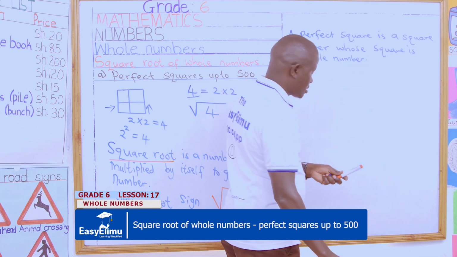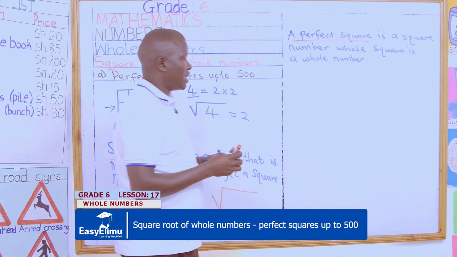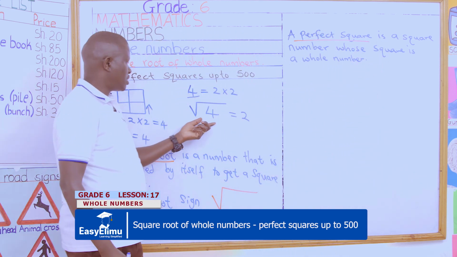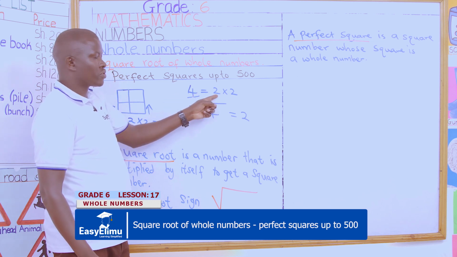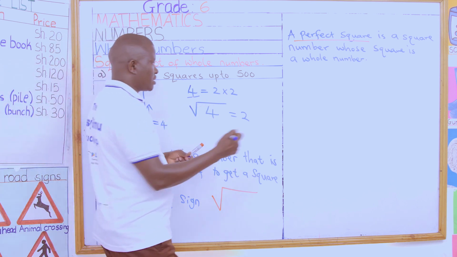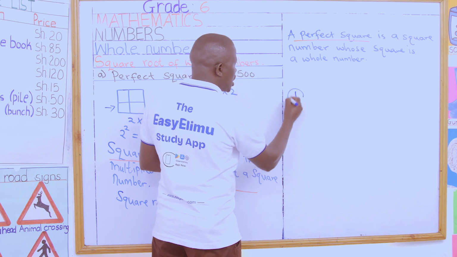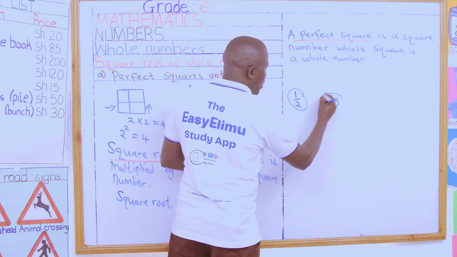I will explain this. I'm saying a perfect square is a square number. For example, number 4 is a square number whose square root, 2, is a whole number. But 1.5 is not a whole number, and 4.5 is not a whole number.